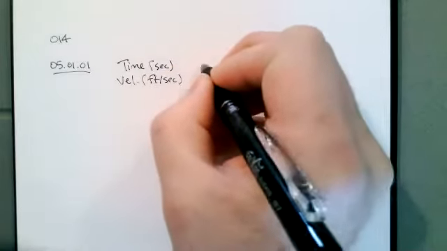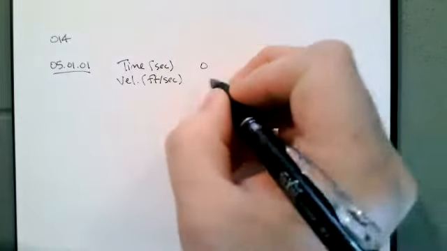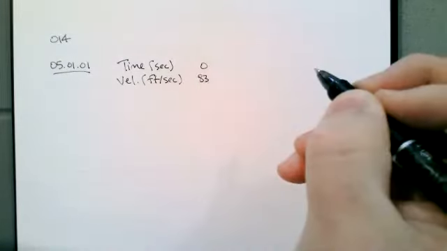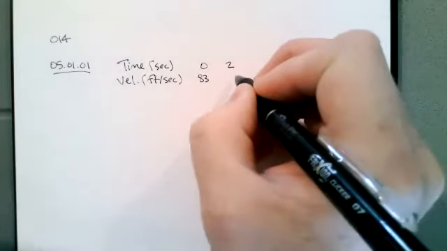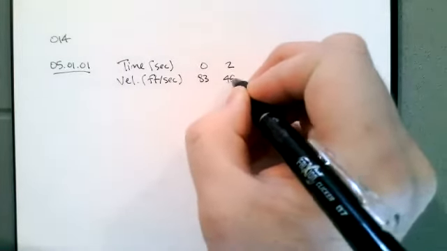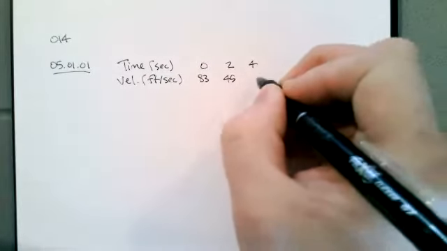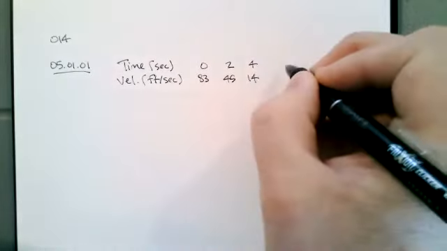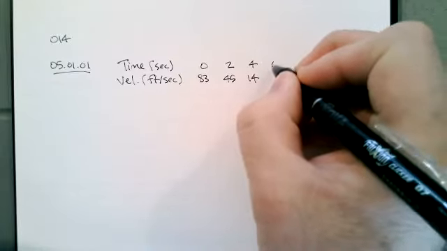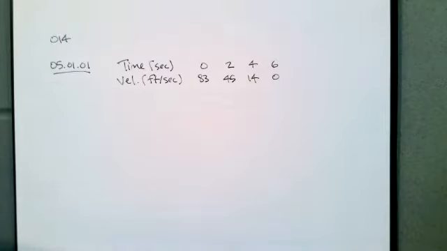At 0 seconds, when we hit the brakes, we were traveling at 83 feet per second. 2 seconds later, we are traveling 45 feet per second. After 4 seconds, we are traveling 14 feet per second. And we finally came to a stop at 6 seconds. All right.